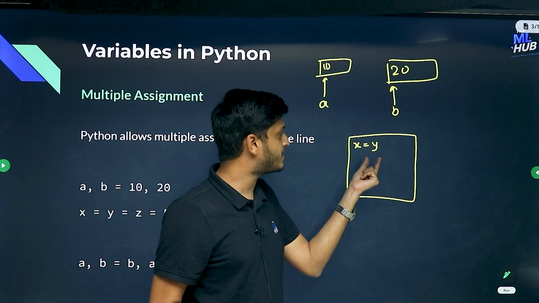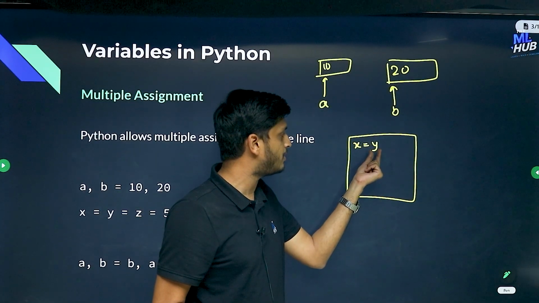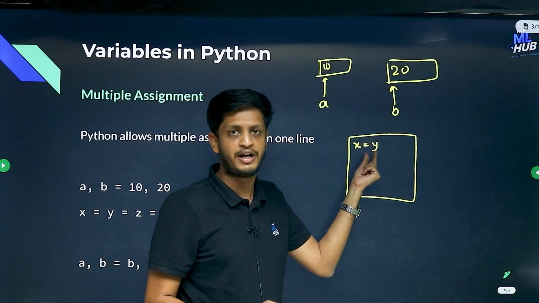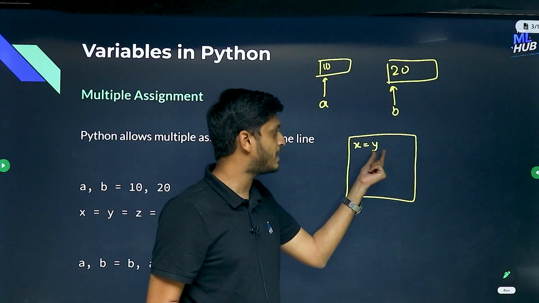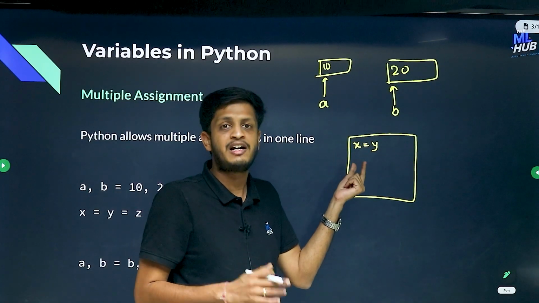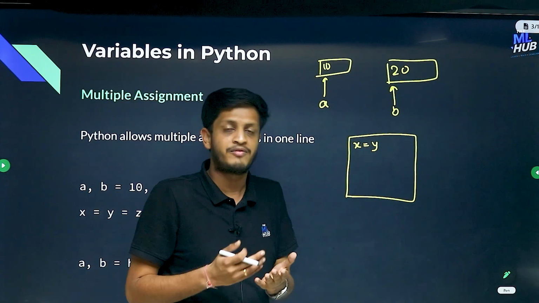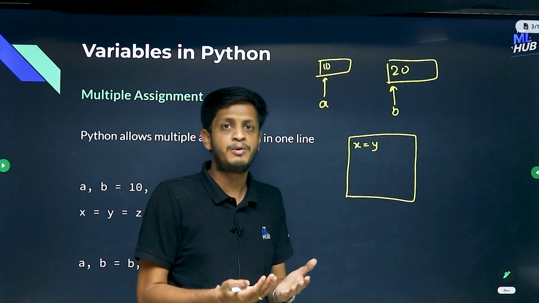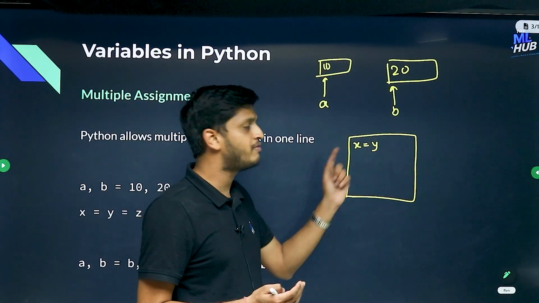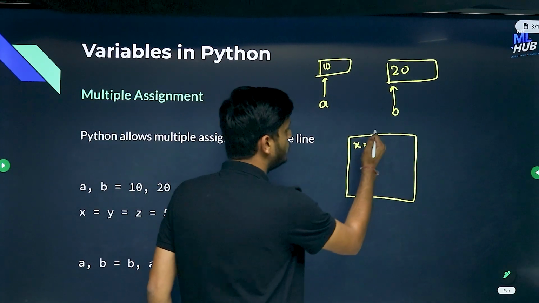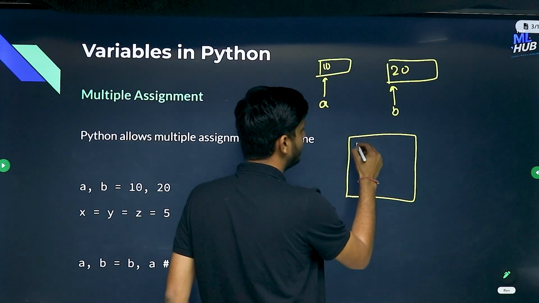So what will the compiler say? The compiler will try to assign whatever memory location y was pointing to, the same pointer to x. But right now y is not initialized, y is not created. There is no memory location y is pointing to. So this will give you an error. What you can do instead is, let us say you say y is equal to 3.